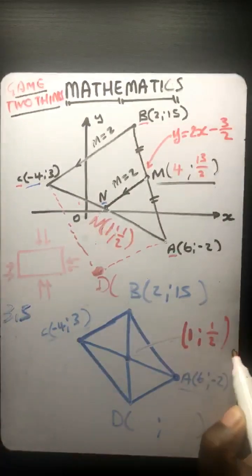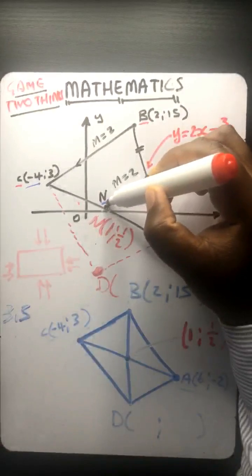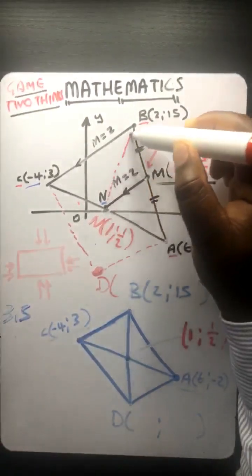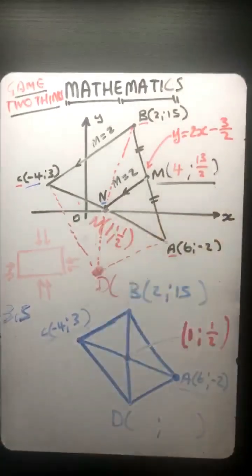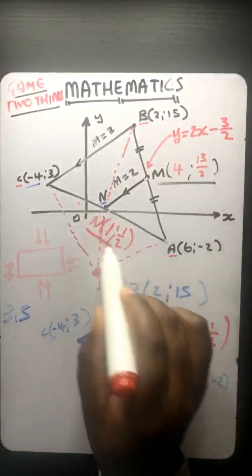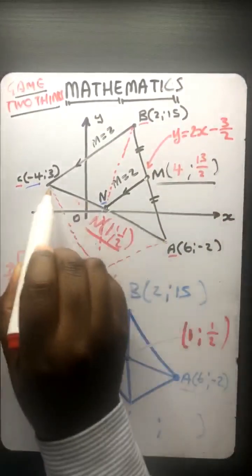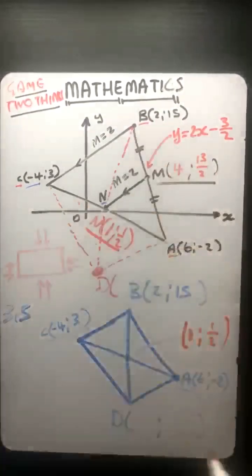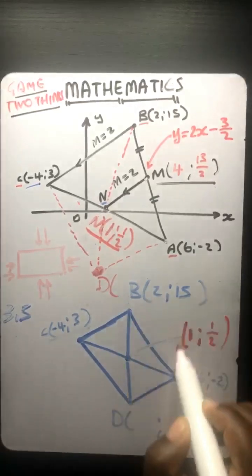I just realized now when I calculate. We already have that midpoint. Do you guys still remember? This line and that line are diagonal lines, which means you straight away just plug in using the midpoint formula.